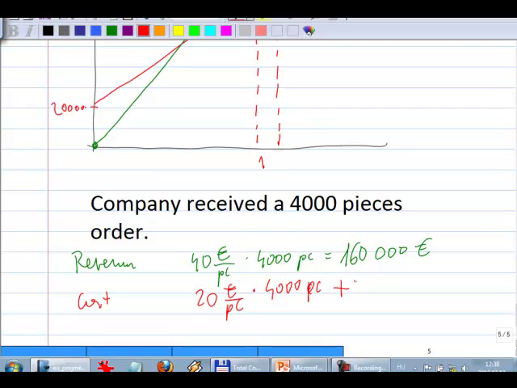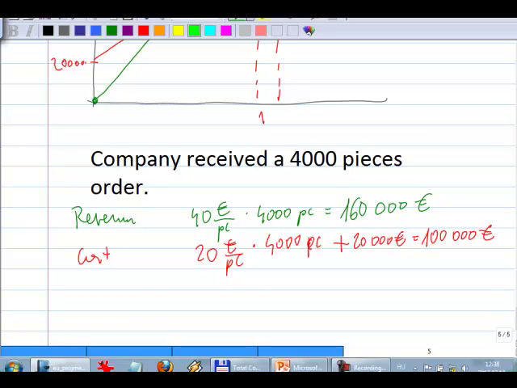plus fixed cost, €20,000. Total, 100,000 euro. How much would be our profit? 60,000 euro.